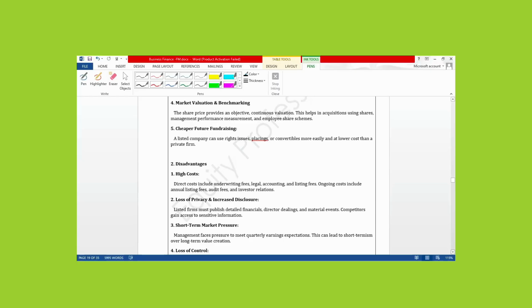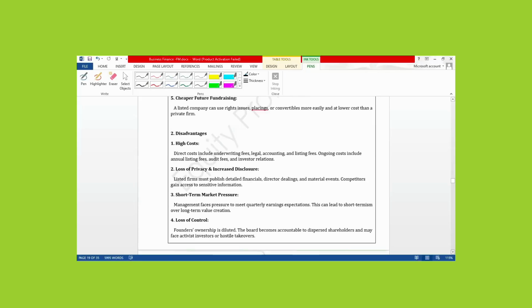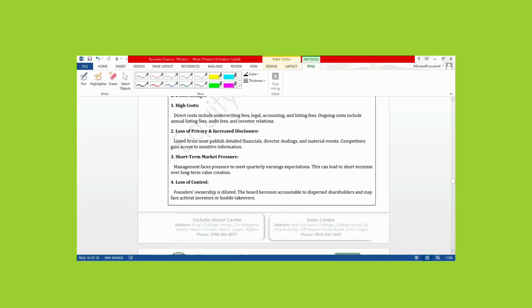Competitors gain access to sensitive information about your company. Number 3, short-term market pressure.